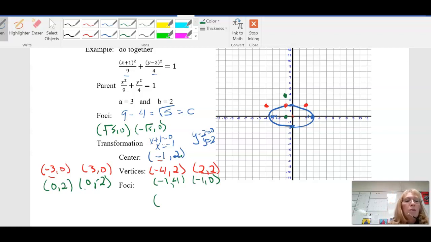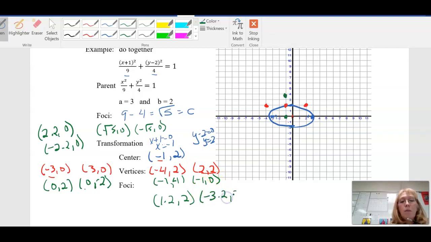So the square root of 5 is 2.2. So we got 2.2 comma 0 and negative 2.2 comma 0. So we're going to be at 1.2 comma 2 and negative 2.2 would be at negative 3.2 comma 2.